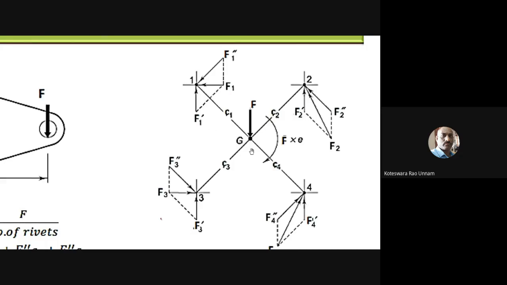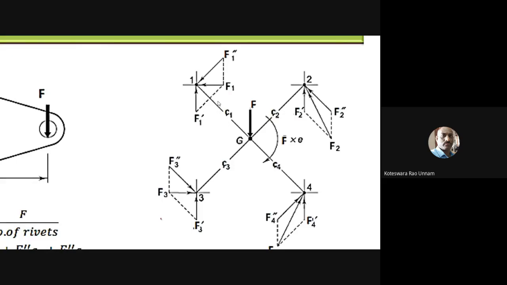Since I have two shear forces acting in different directions, I am able to find the resultant. Once I know the resultant force, because of that resultant shear force, I need to calculate the resultant shear stress. Then I'll equate that to the allowable shear stress. From that I'll get the diameter of the rivet.